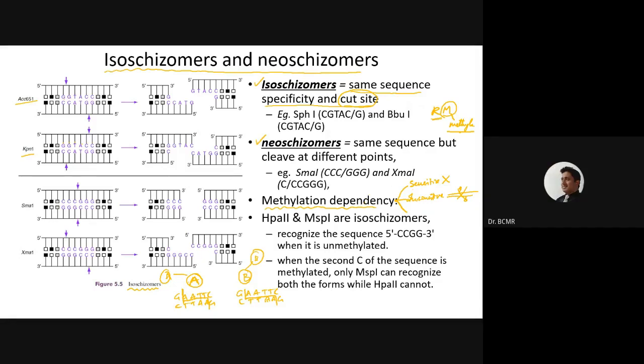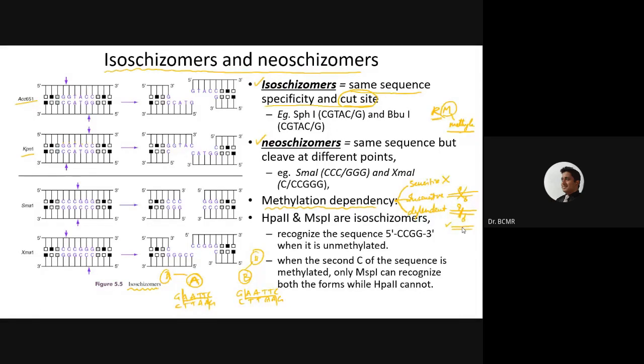No, sir. Okay. And there is another one called methylation dependent, which means it can cleave only if there is methylation. It can cleave methylated DNA, but it cannot cleave unmethylated DNA. So we will try to remember these things. There are three different types of restriction endonucleases based on the methylation dependency.